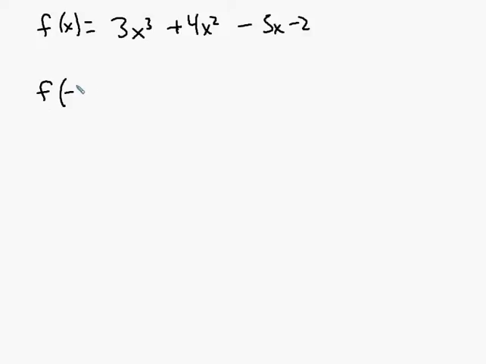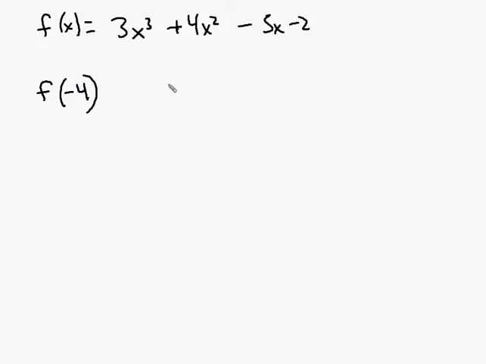Okay, let's say I have f of x, and I'm going to use the same f of x for both our questions: 3x cubed plus 4x squared minus 5x minus 2. Let's say I want to find f of negative 4.